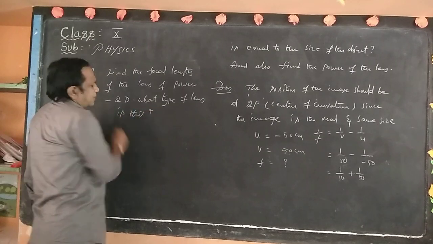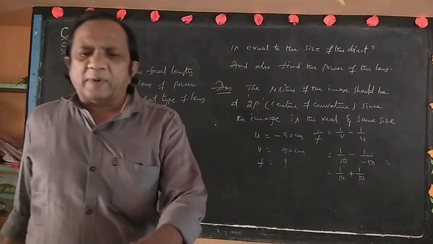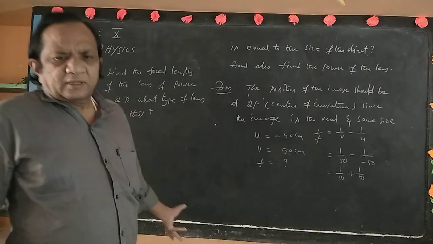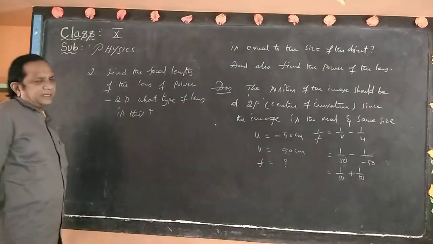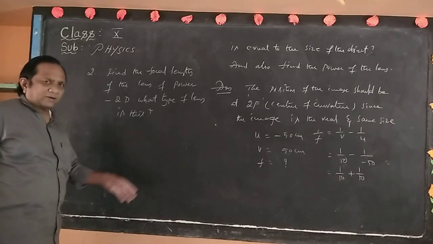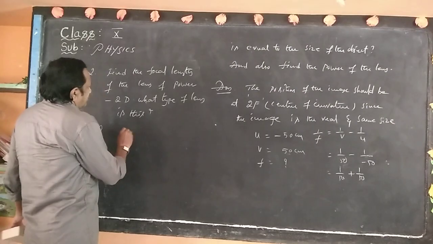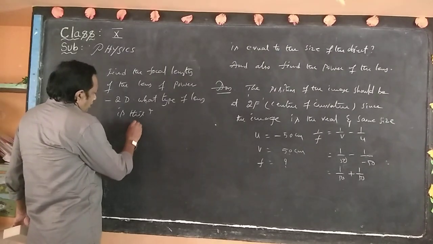So minus will be there. You know that if a minus value is there, what kind of lens is it? A negative value means it is a concave lens. First we have to calculate the focal length of the lens.